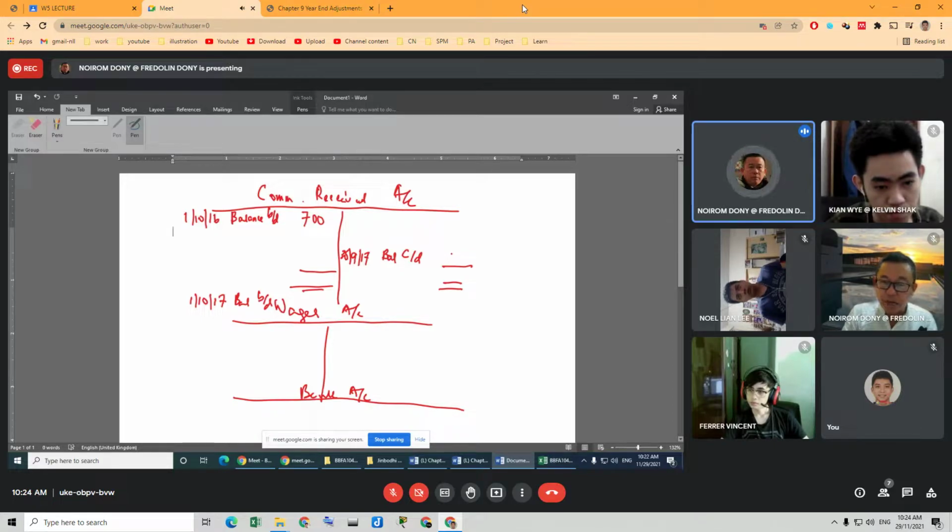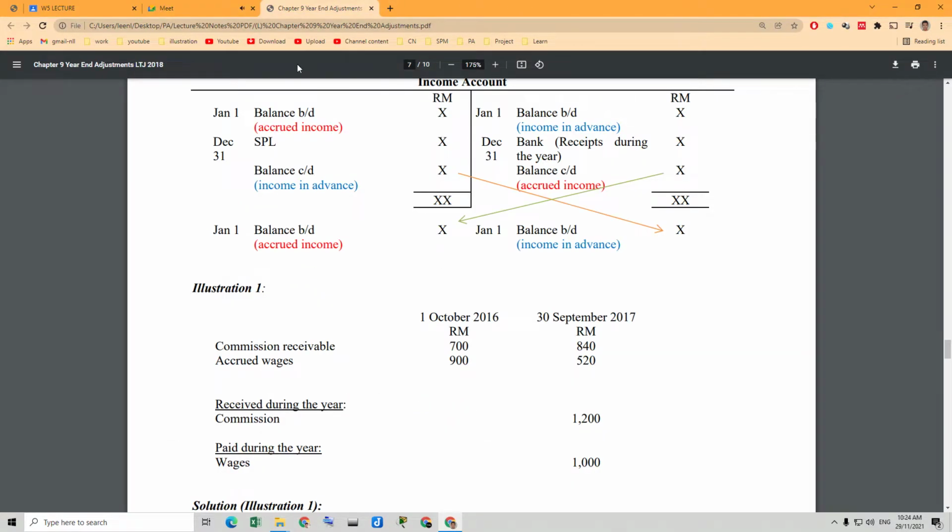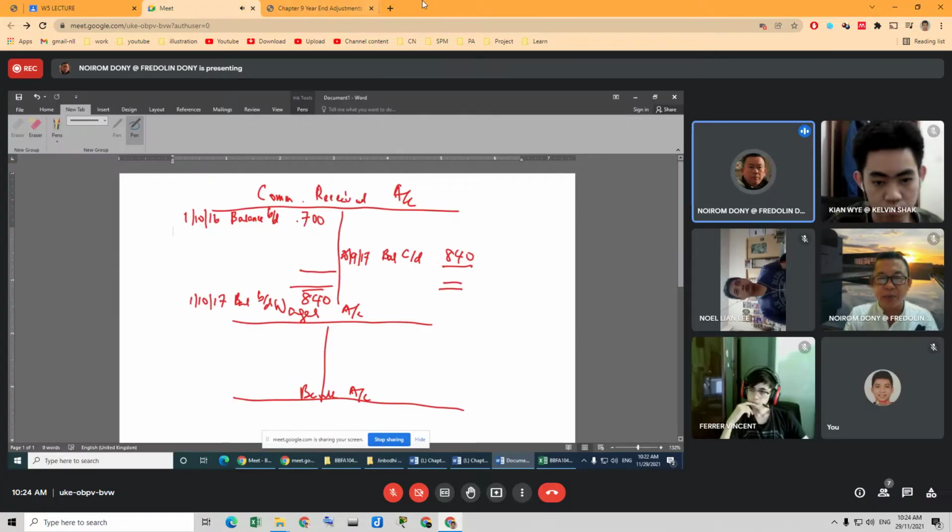So 840. The word itself, commission receivable, tells me this is an asset. How do I know? I remember trade receivable is an asset. The word is receivable, isn't it? So I record the opening balance as a debit balance because this is an asset, and I record the closing balance as a debit balance as well. So I put 840, 840.